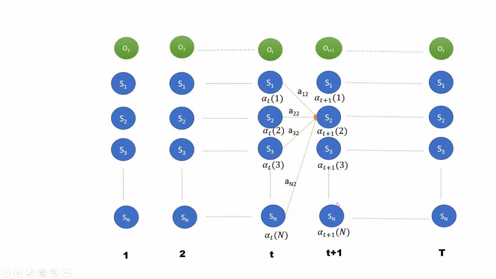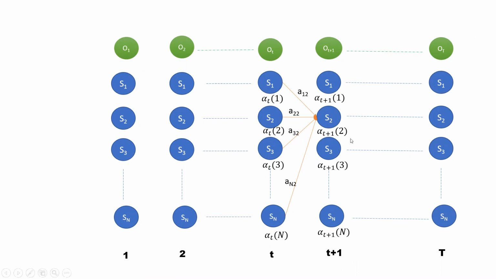Now, the probability of the symbol being emitted by state 2 at time t plus 1 is, so we have the probability up to time t in the variable alpha t.